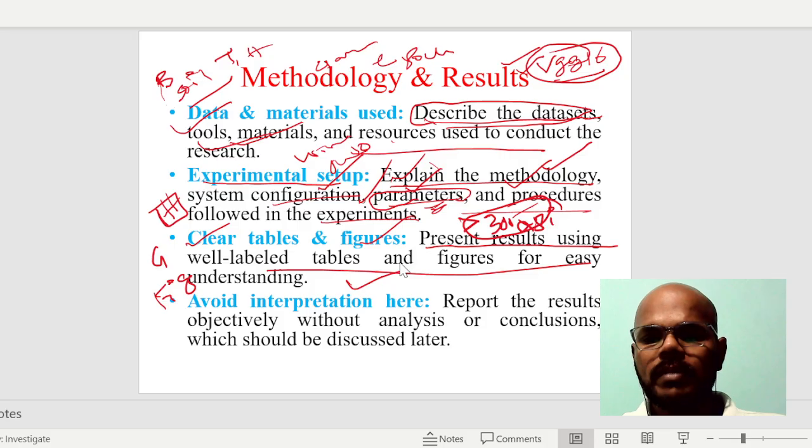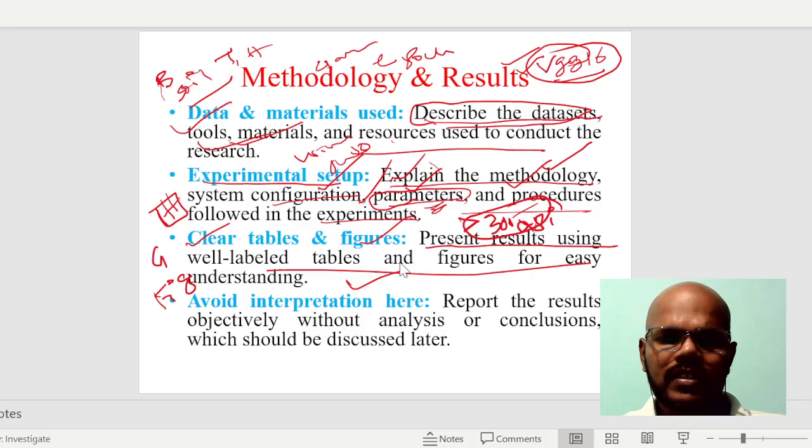For example, some novel or young research scholars, after getting a result, cut a screenshot and paste it into the research article. You may do so, but the problem is that the clarity will be damaged. So don't do that.